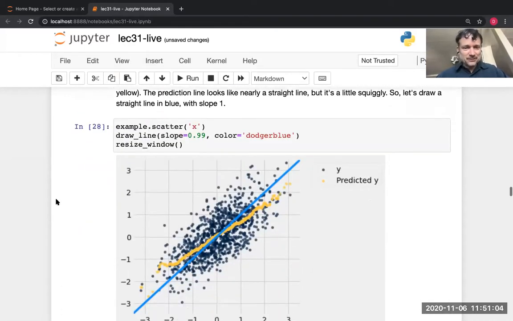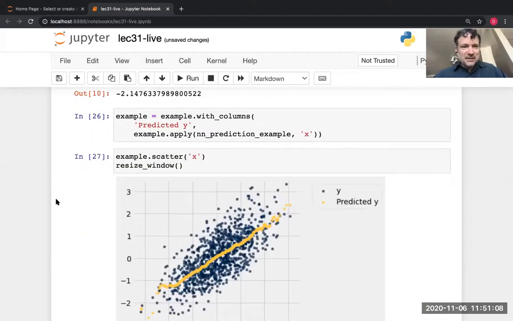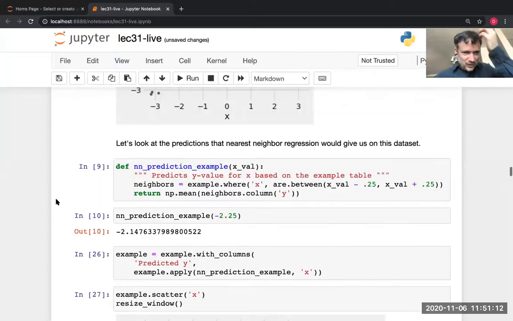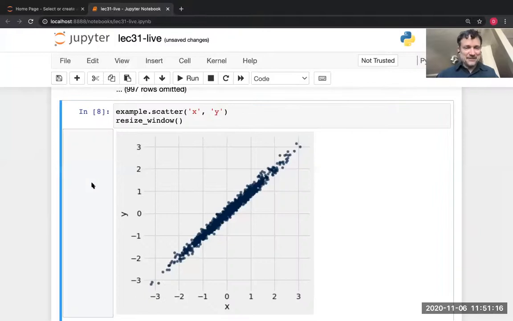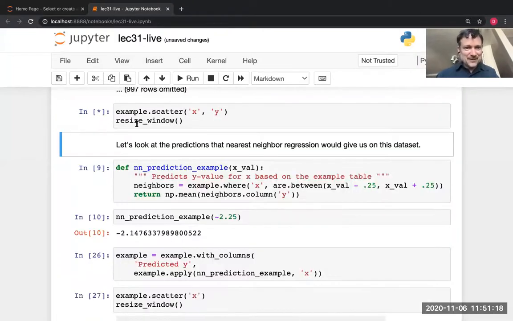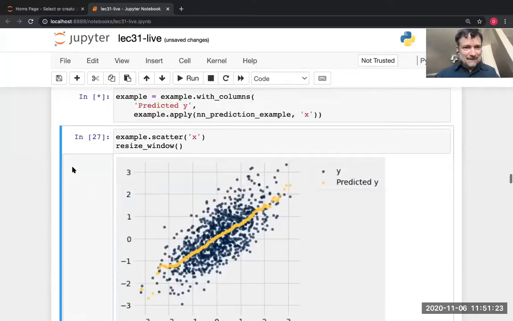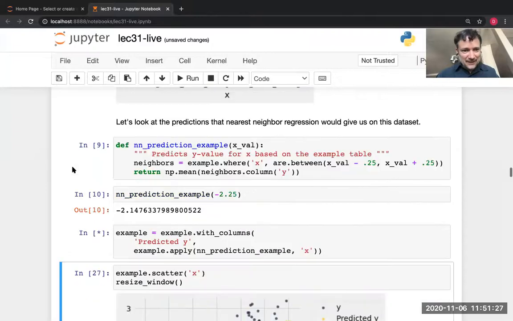And so, oh, my demo is failing. What am I doing wrong? What I'm doing wrong is I didn't regenerate the data. Okay, I'm sorry. There's the data with 0.99.